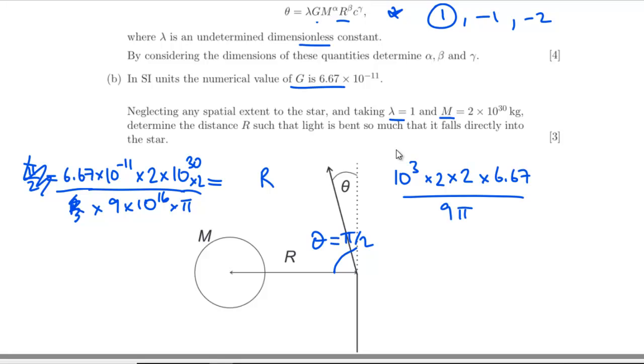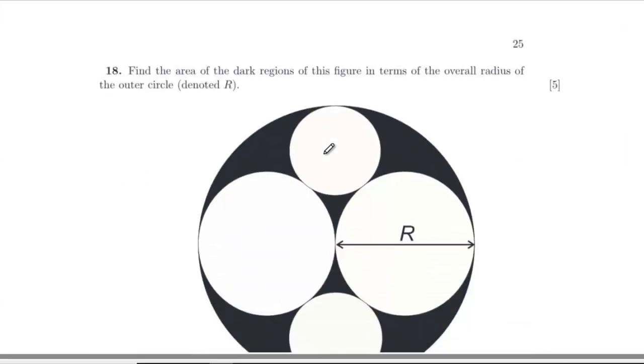So we just have to type all that in, and R is equal to 944 meters, so 940 meters to two significant figures. It's just plugging in numbers, really, isn't it? So that was a pretty straightforward question. Got us going after the hideousness of question 16.